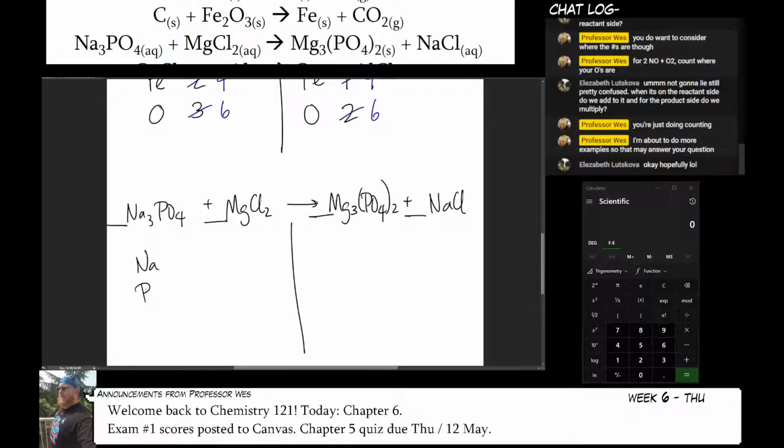Now remember, I'm just going to keep my phosphate together, because that makes it a little simpler. And then when I go count these, let's see here. So I got 3 sodium, phosphate, magnesium, and then 2 chlorides. Over here, I only have 1 sodium, 2 phosphates, 3 magnesium, and 1 chloride. So we have some work to do.